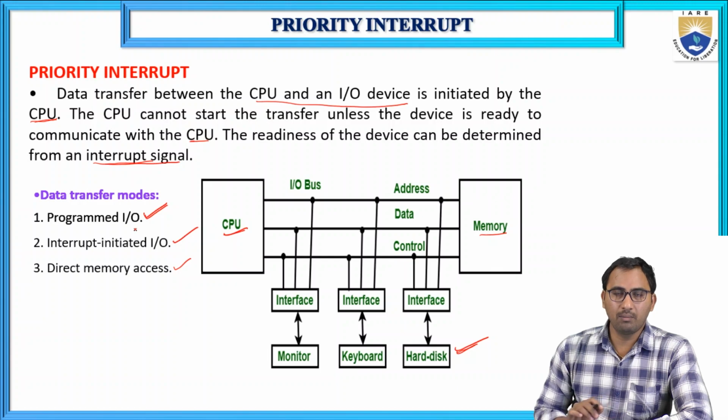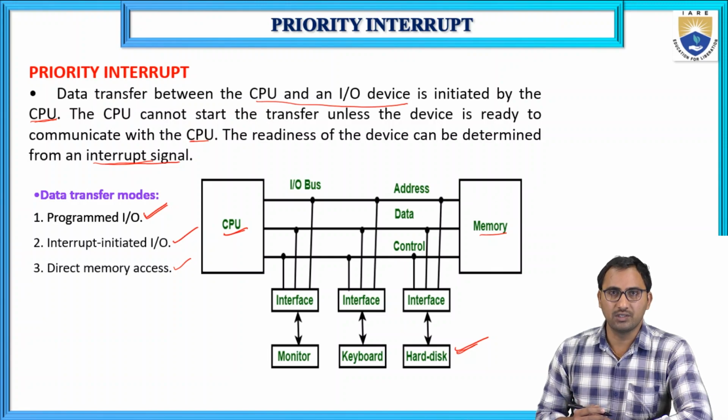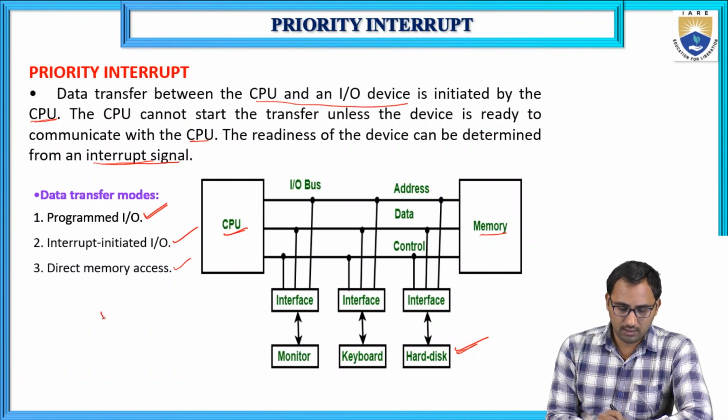So, what is programmed I/O? In programmed I/O, the data transfer is initiated by executing the I/O instructions of the program. In the program, we have some input and output related instructions, like IN and OUT.